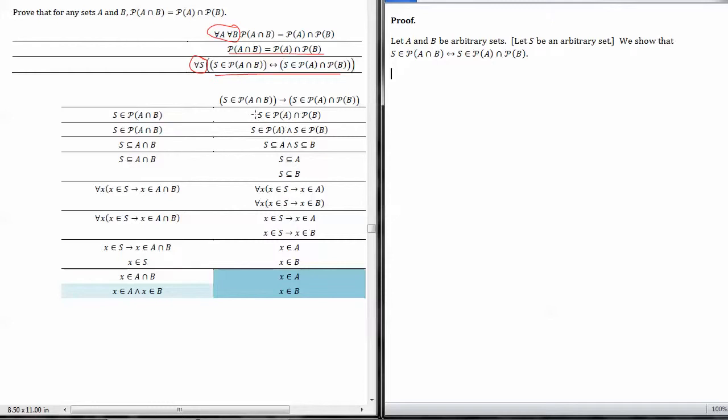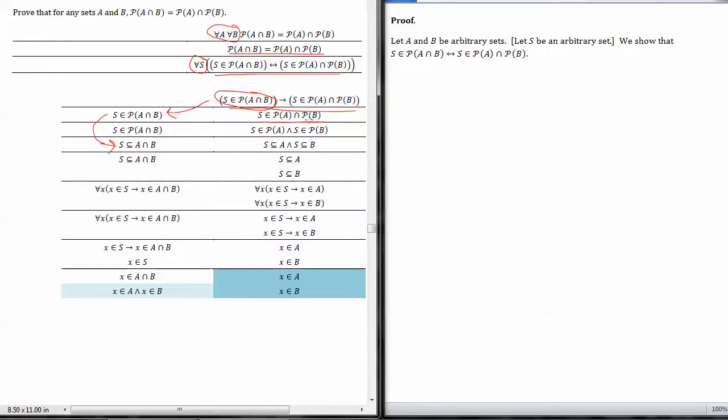Now we head on to the left to right conditional statement, and we take the antecedent as a given, which gives us this goal. And right away when people see that S is in the power set, we want to think of that as just S being a subset of A intersect B. And same thing here.